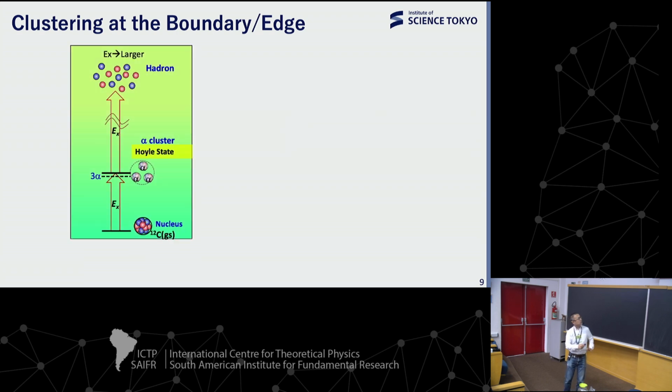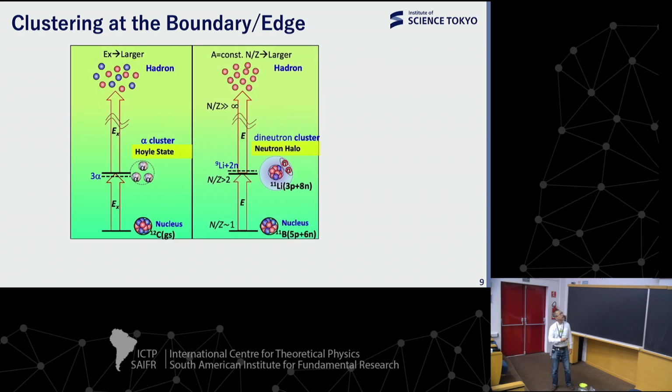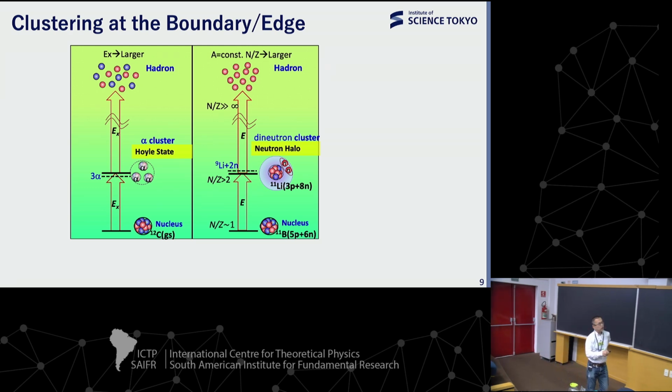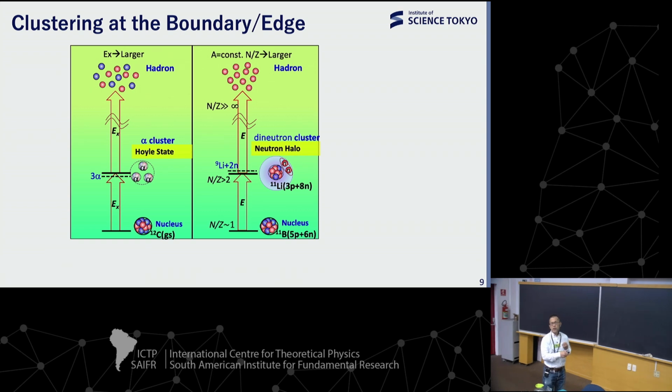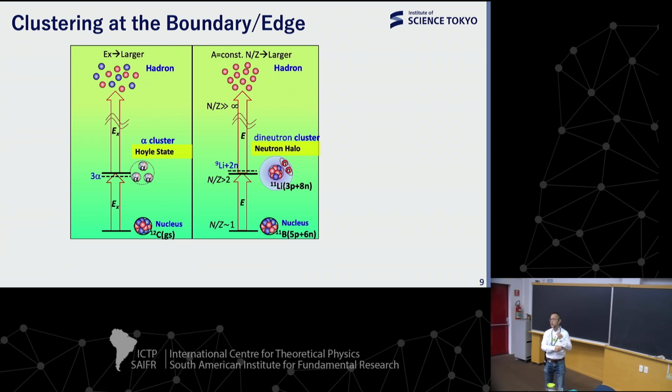So we discussed this Hoyle state already, but now let's take a look at the boron-11 nucleus, a 5-proton, 6-neutron system. But instead of changing excitation energies, now I'd like to exchange the number of protons and neutrons. If we exchange 5 protons into 5 neutrons, then we have 11 neutrons, which is in the hadron phase. But if we just exchange 2 protons into 2 neutrons, then we have lithium-11.